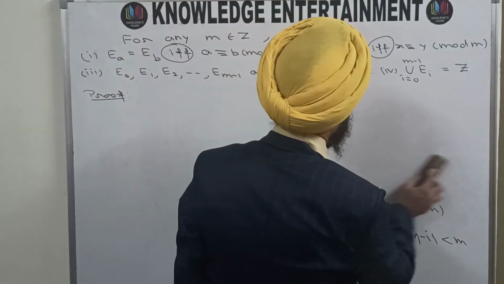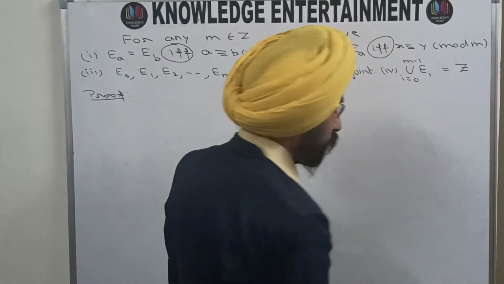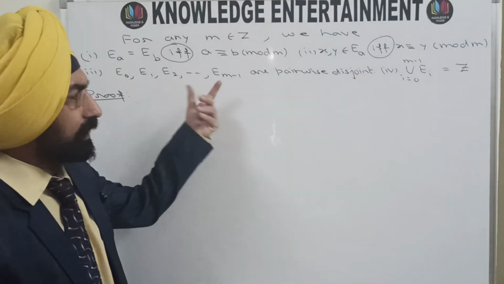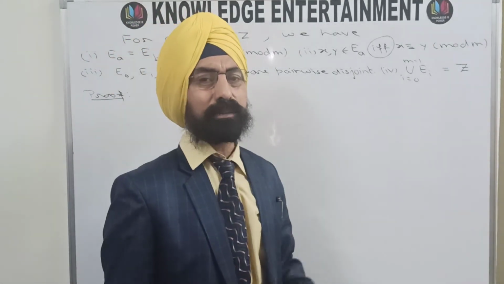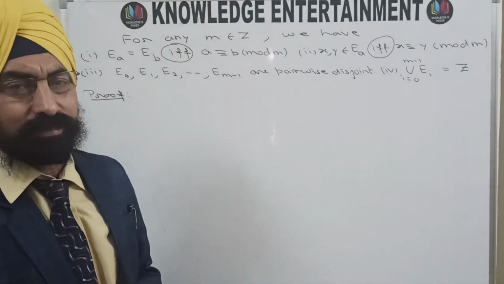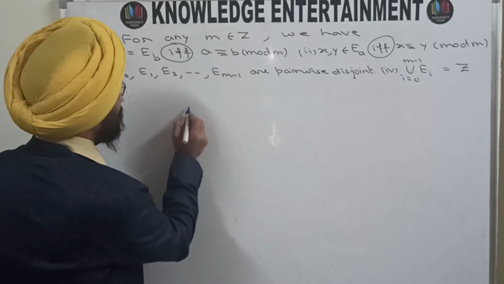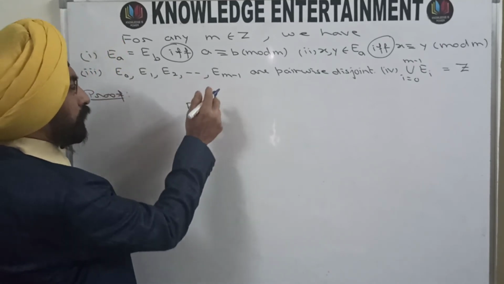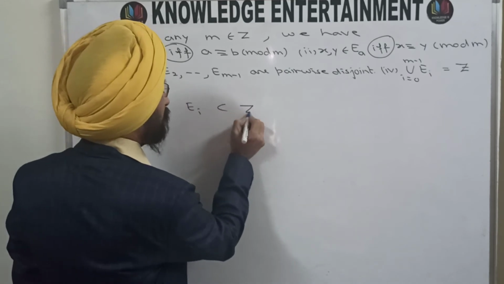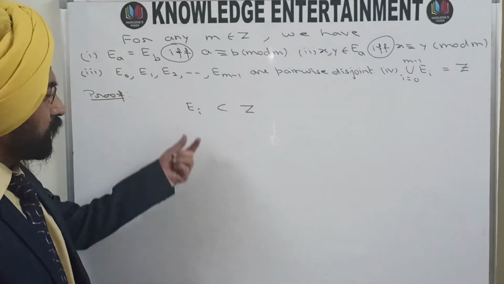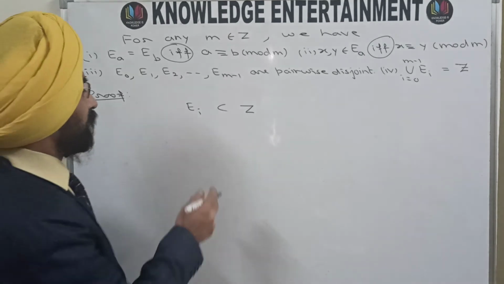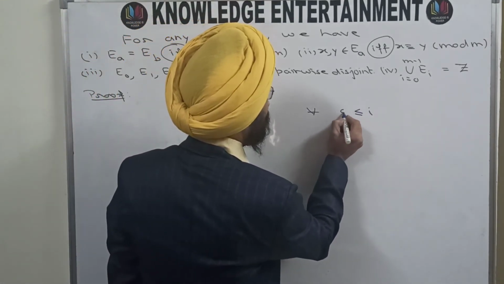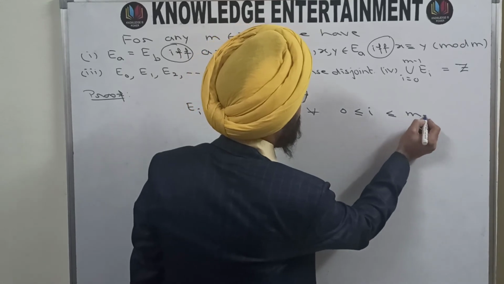In the fourth part, we have to show that the union of all these pairwise disjoint residue classes is nothing but the set of integers. Each of these Ei, whether it is E0, E1, E2, Em minus 1, everyone is a subset of Z, no doubt in it, because Ei contains only integers. So Ei is a subset of Z for every i greater than or equal to 0 and less than or equal to m minus 1.